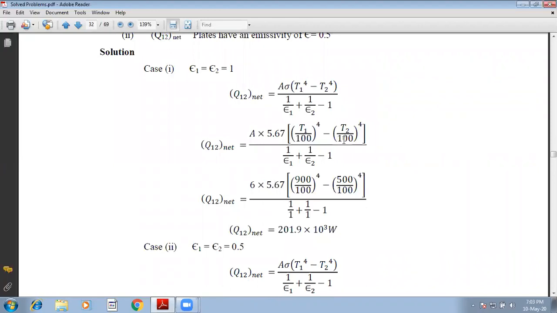Now, in this problem, he has considered T1 by 100 to the power 4. With this also you will come up to the same solution. It is not necessary all the time to consider sigma value as 5.67 into 10 raised to minus 8.